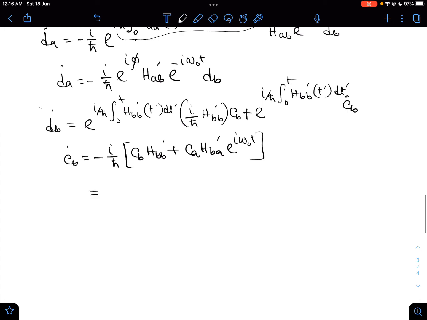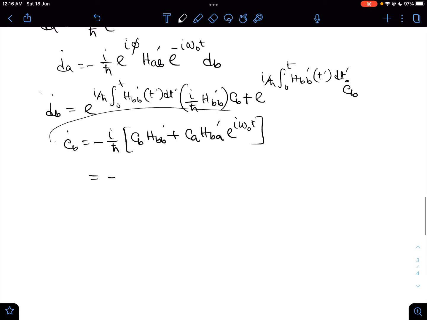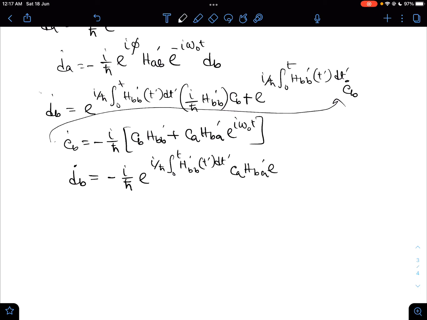So it will give us, basically, if we replace this here, we will have our dB prime to be minus i/ħ e^(i/ħ) integral from 0 to t of H'_bb(t') dt' times c_a H_ba' e^(iω0 t).